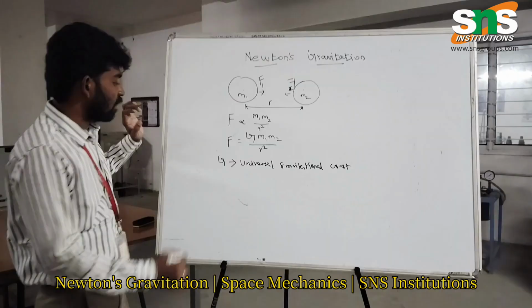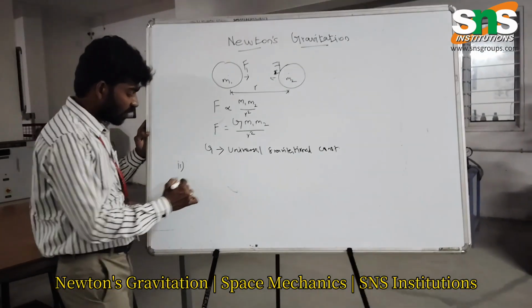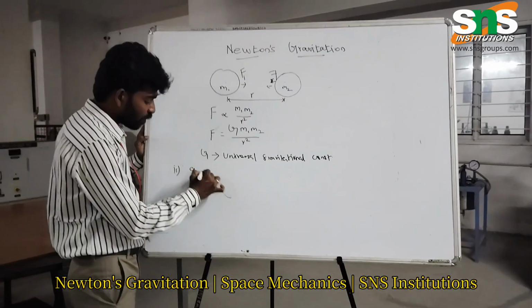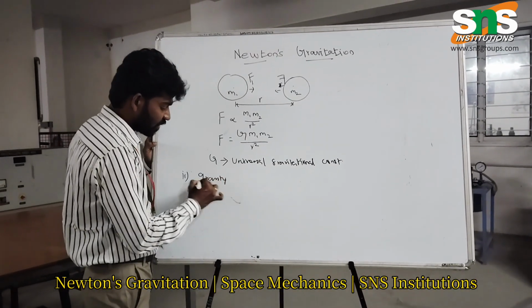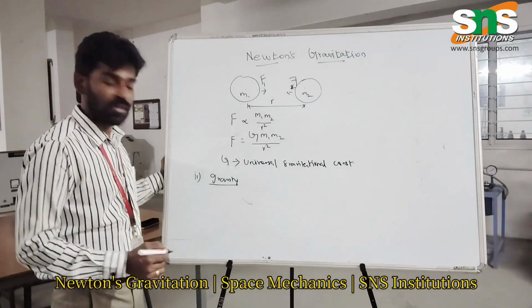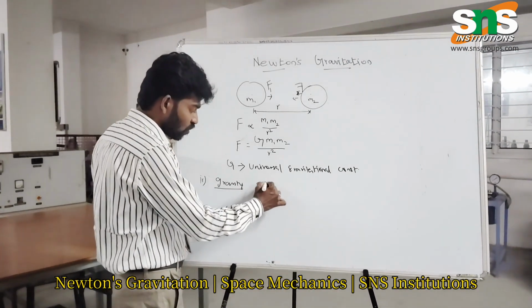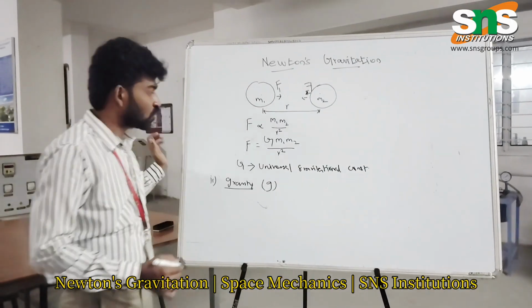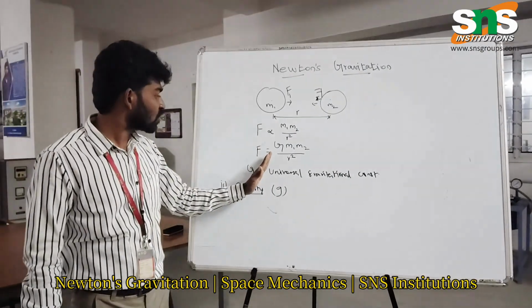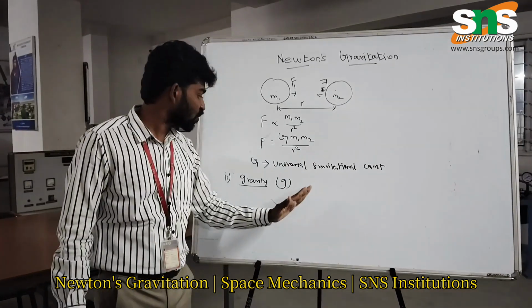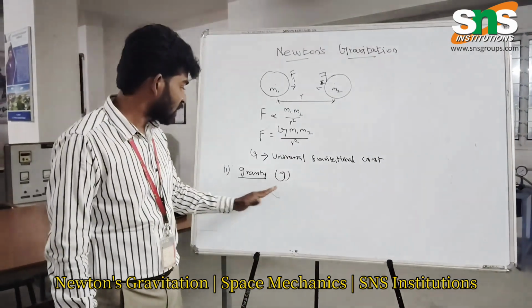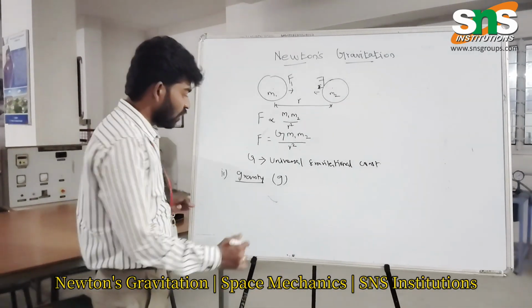Next, we have to focus on gravity. Gravity is indicated by small g. So this universal gravitational constant is different from g.